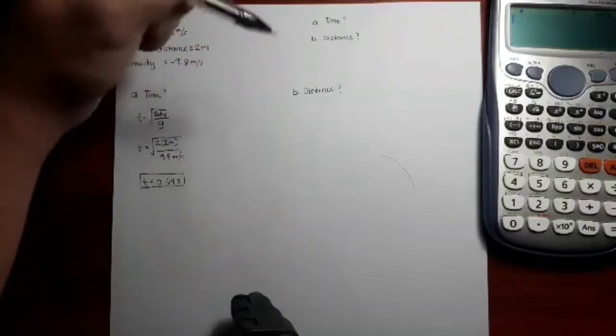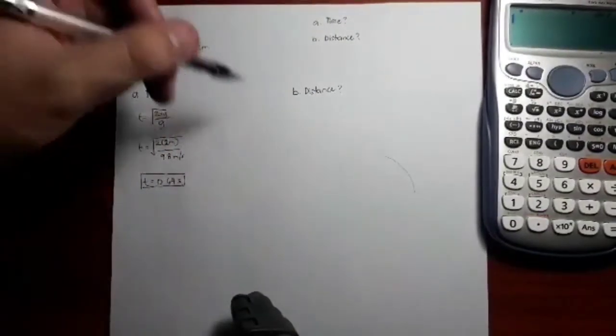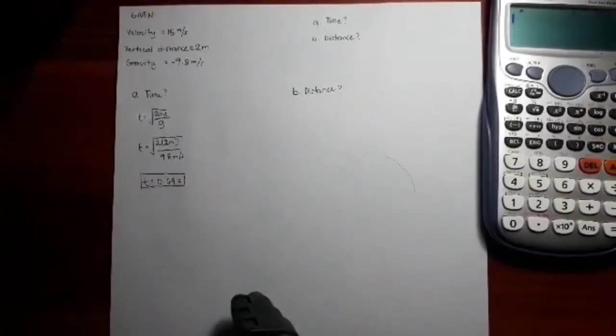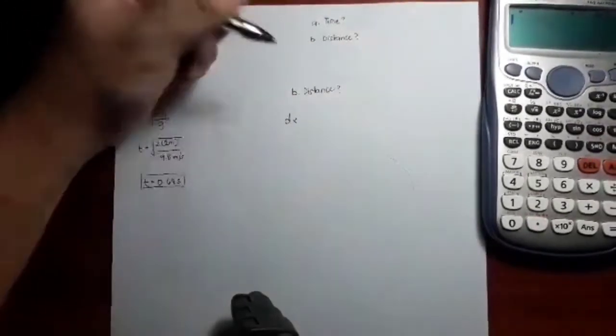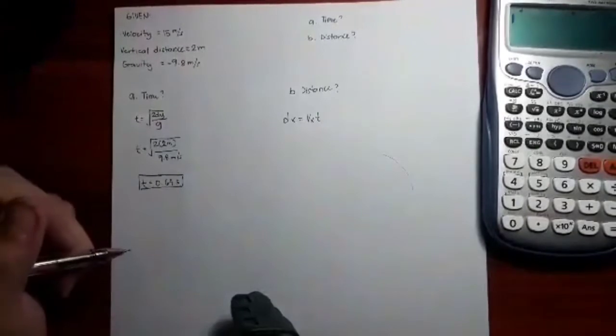So for letter B, the ball is traveling a horizontal distance, so we need to find the horizontal distance for it. And the formula for horizontal distance is: the horizontal distance, dx, should be equal to the velocity multiplied by the time.